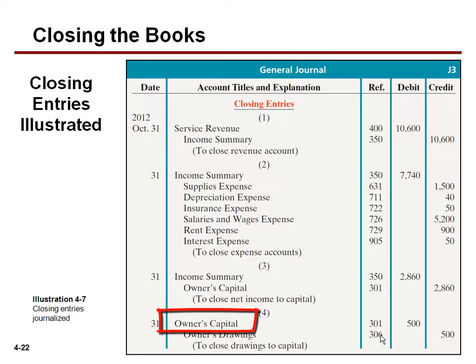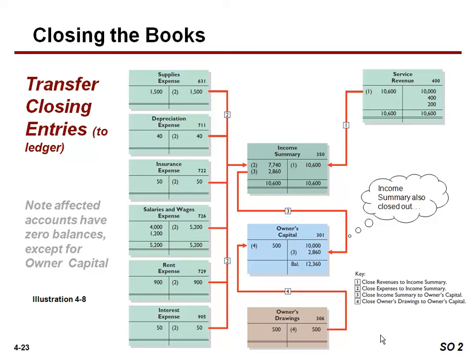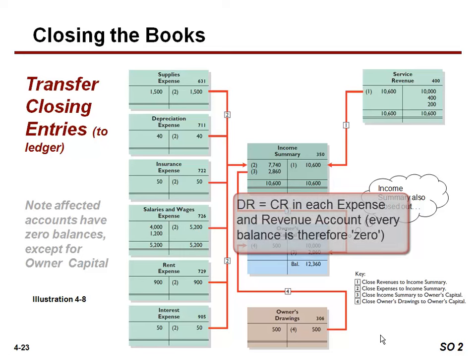Let's look at the effects of transferring or posting this journal entry into the ledger accounts themselves. Here we see all our expense accounts on the left, our service revenue on the right, and this shows the activity in these individual accounts after the closing entries have been posted or transferred to these ledger accounts.